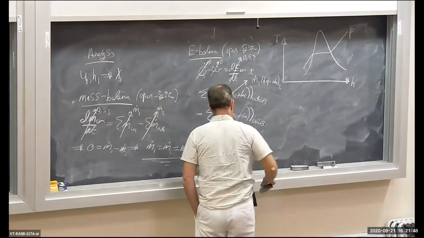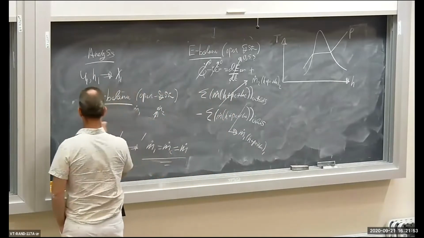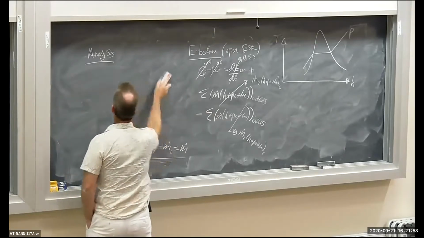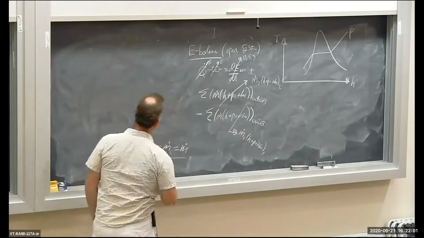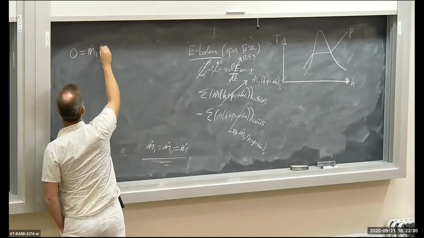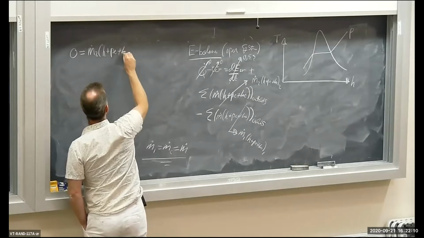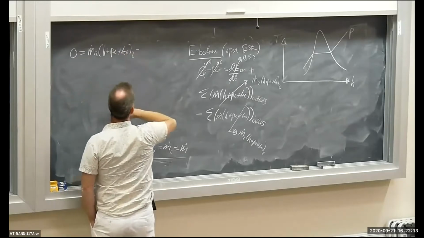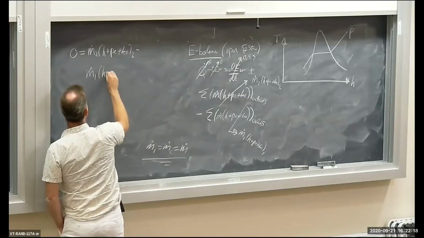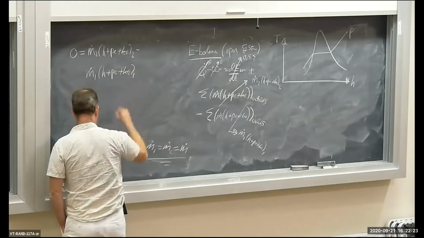Let's write what I got. Remember, m dot in is equal to m dot out, I'll leave that right there. So all the mass balance stuff. So let's write what I have. 0 equals m dot 2 h plus PE plus KE at the outlet minus m dot 1 h plus PE plus KE at the inlet.